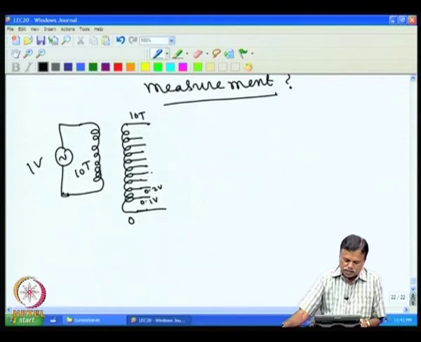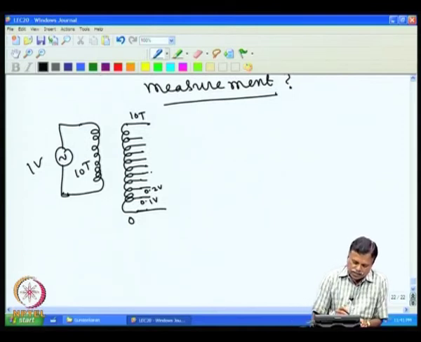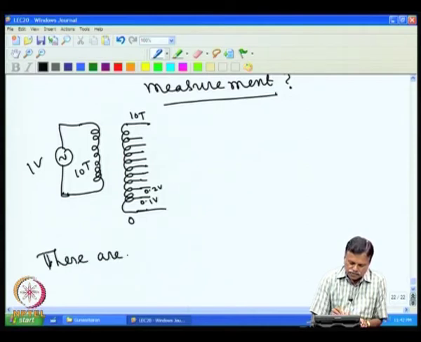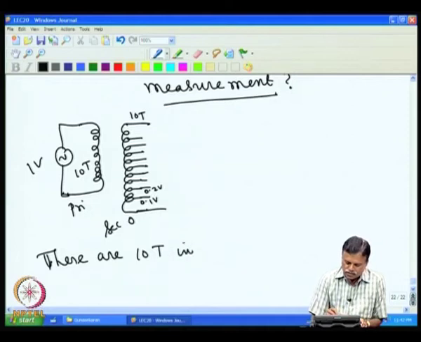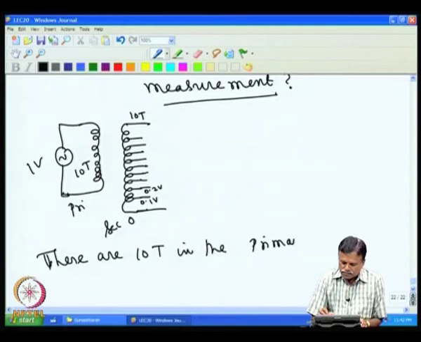So, if we write it, there are 10 turns in the primary as well as in the secondary.